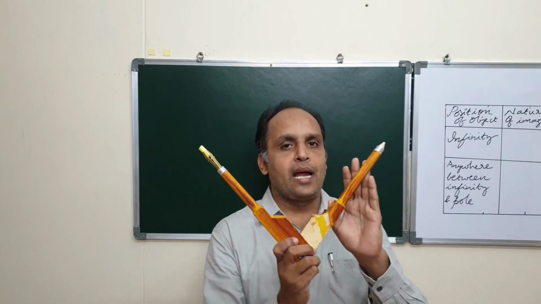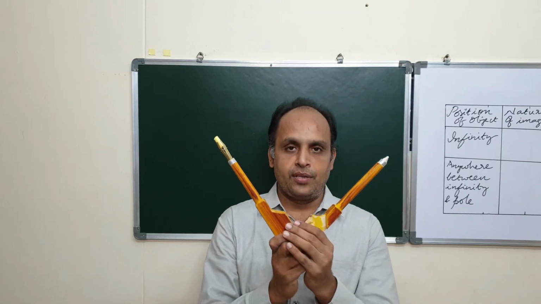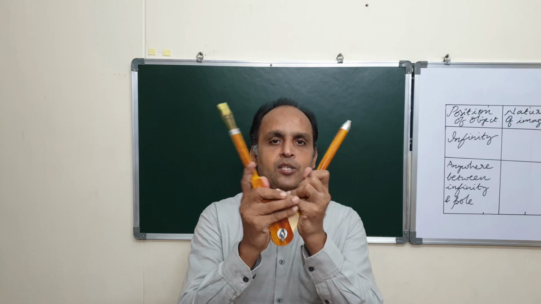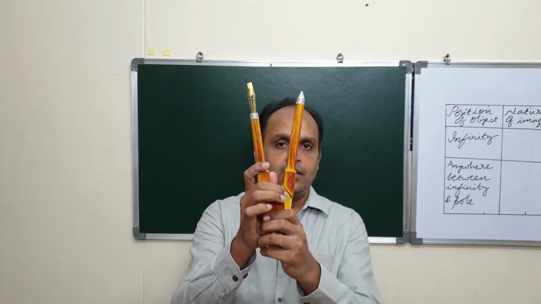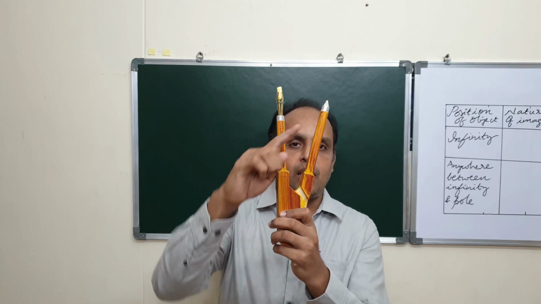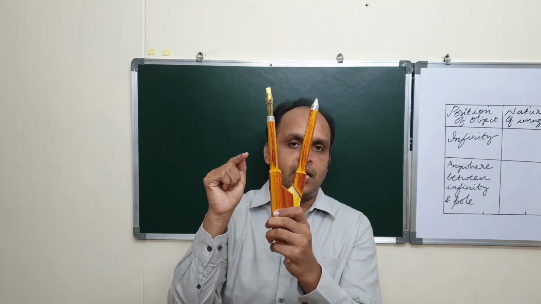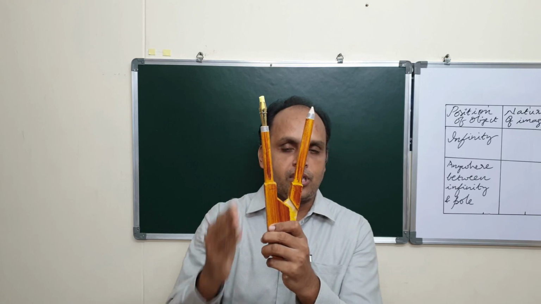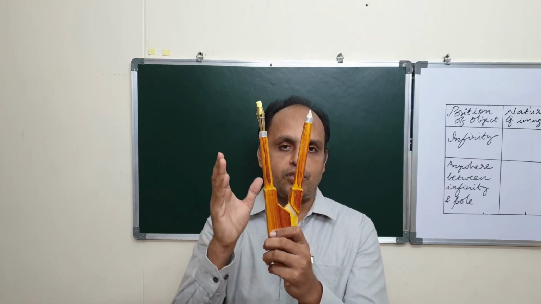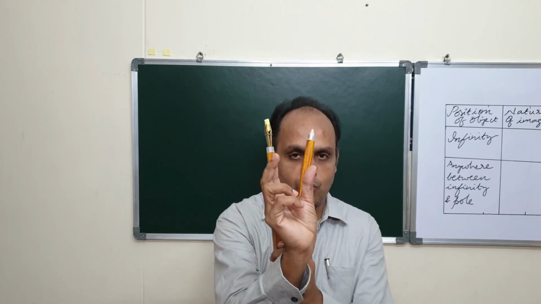And why should we do that? Why should we take a larger radius? Suppose if you take a very small radius like that, you end up drawing a semicircle, and when you mark the imaginary points like center of curvature, pole and focus, all of them come very close.